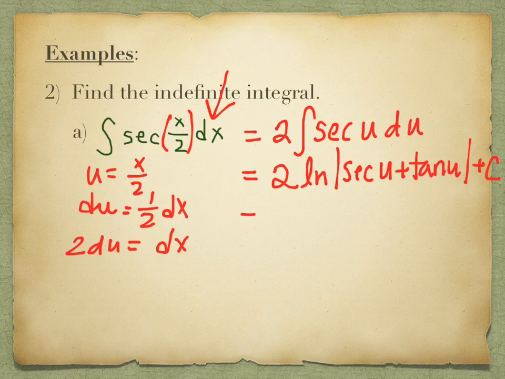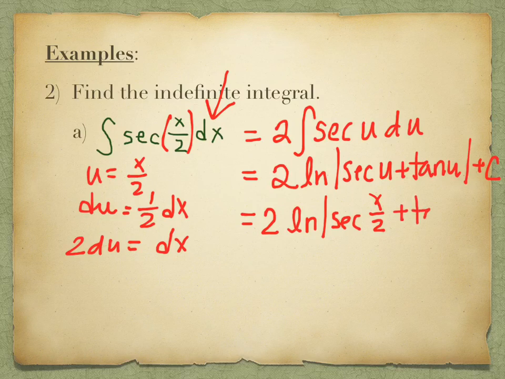I need to do one more thing. What do I need to do? Yes, I need to substitute the u's back in as x over 2. So I have 2 times the natural log of secant of x over 2, with or without the parentheses, either way would be okay, plus tangent of x over 2, and then plus c.